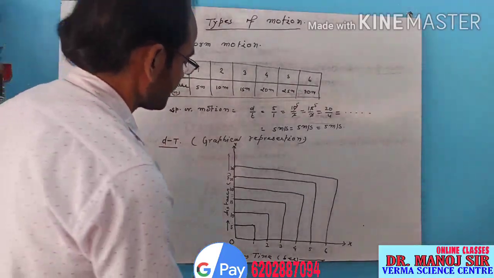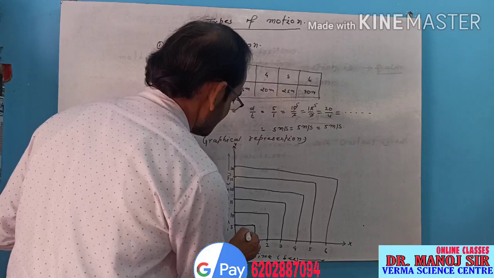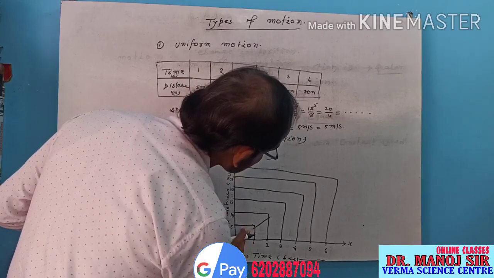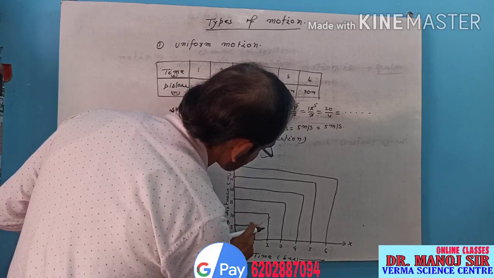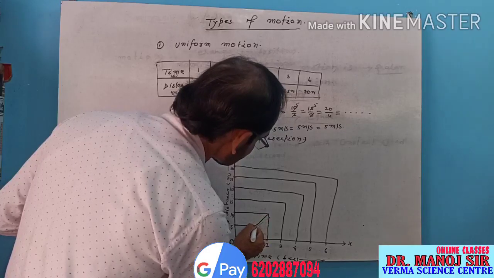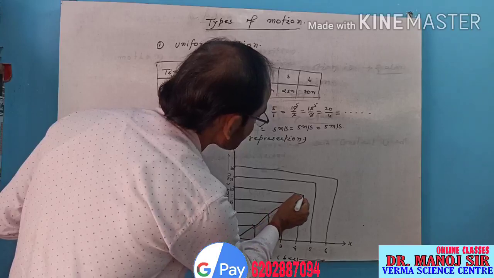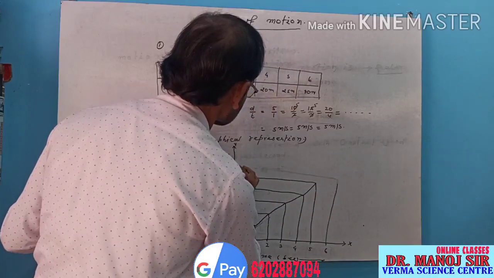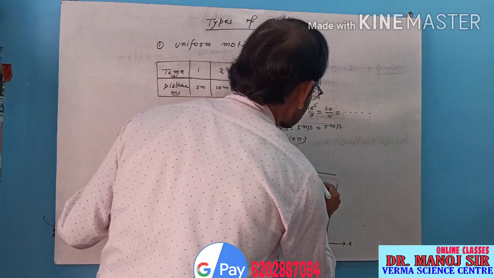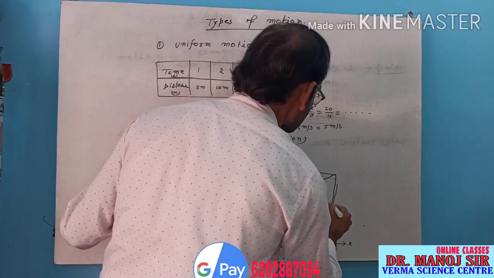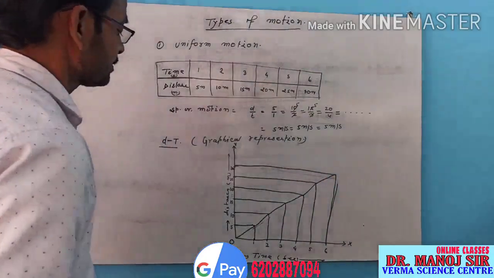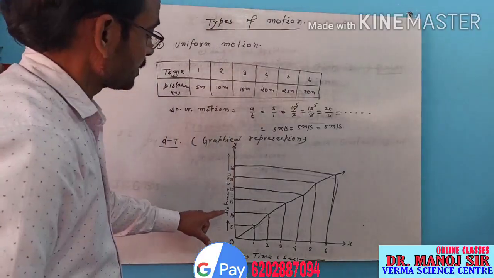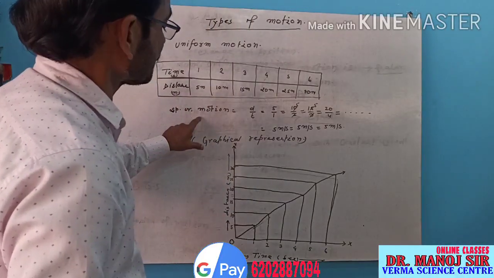This represents uniform motion of a car, which travels equal distances within equal periods of time.